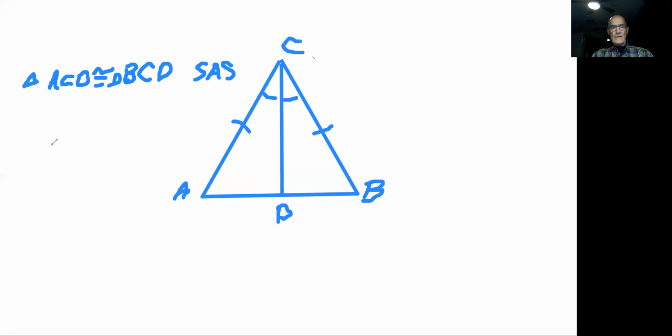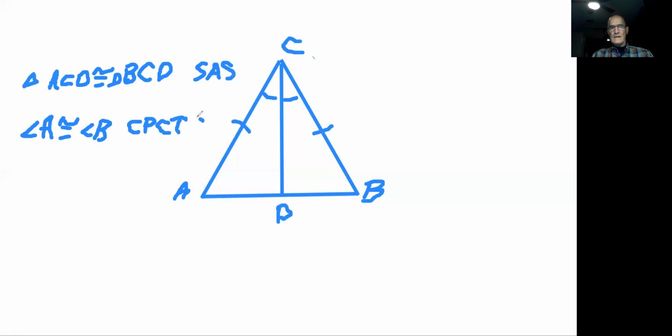So now that we have the congruency established, we can say that angle A is congruent to angle B, and this is because of what we call CPCTC: corresponding parts of congruent triangles are congruent.